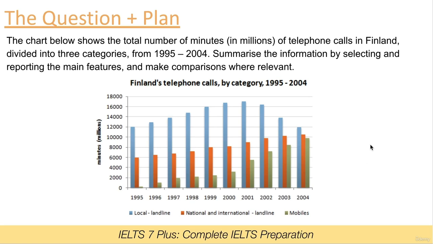So first things first, let's read the question. The chart below shows the total number of minutes in millions of telephone calls in Finland, divided into 3 categories from 1995 to 2004. Summarize the information by selecting and reporting the main features and make comparisons where relevant.